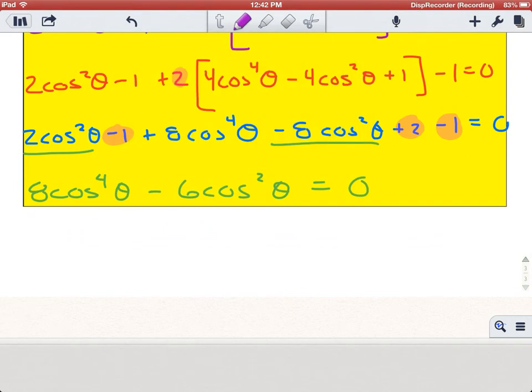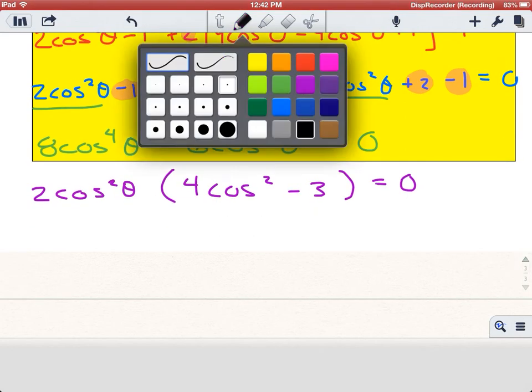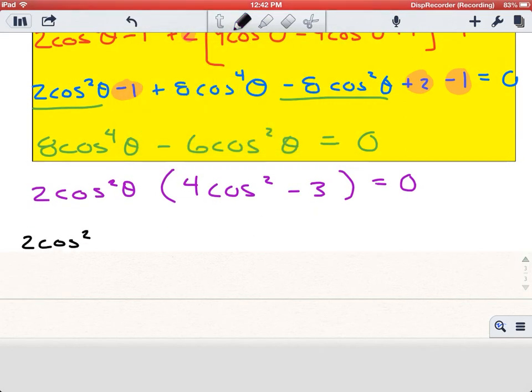So now let's do a GCF. So I could pull out 2 cosine squared. It's going to be 4 cosine squared minus 3. And then I could just set each one of these equal to 0. Need a theta in there.